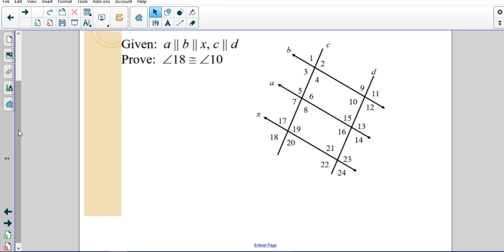If lines are parallel, corresponding angles are congruent. And then I tie it up by saying angle 18 is congruent to angle 10 by the substitution property. And if you're still writing, go ahead and hit pause right now. I'm going to erase and move on.